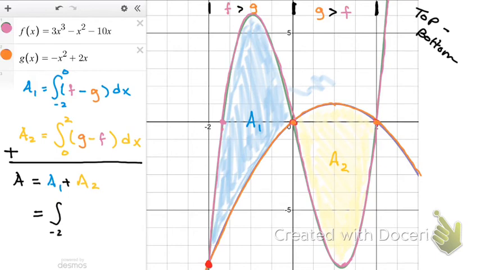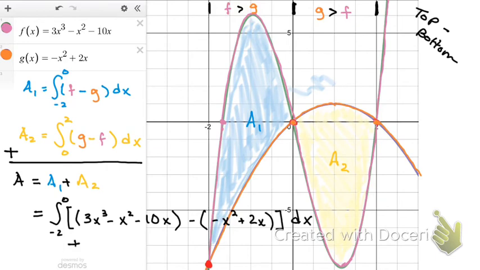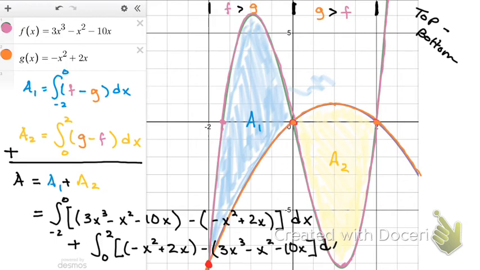A1, that integral there, f is that cubic, minus g is the quadratic, dx, plus the second integral is the quadratic minus the cubic, dx. Okay, I actually forgot a parenthesis. Let me put that in there. I should have another closing parenthesis. Okay, that is the total combined area, and it's in the form of 2 integrals, top minus bottom.